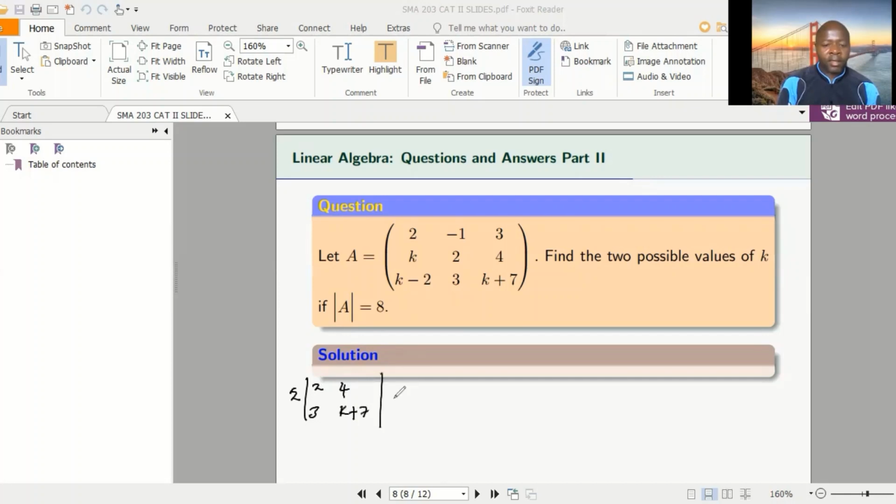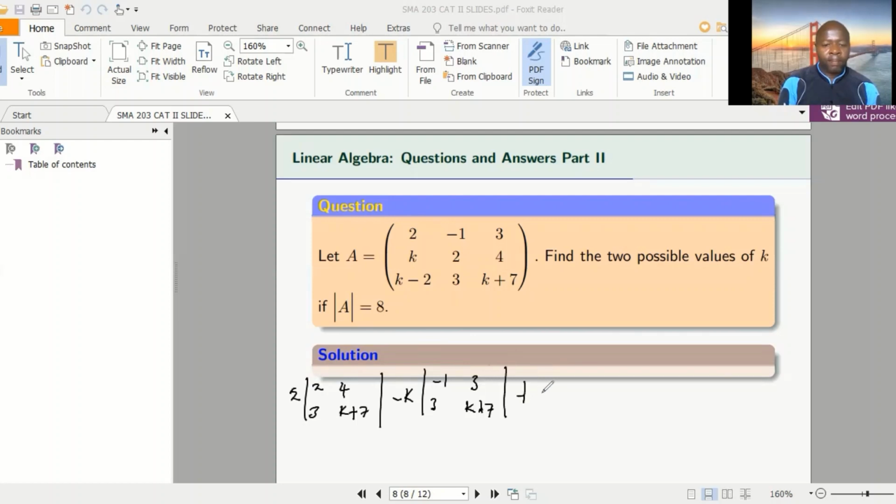Then minus k, delete the row of k and the column of k, and you have negative 1, 3, and then 3, k plus 7.